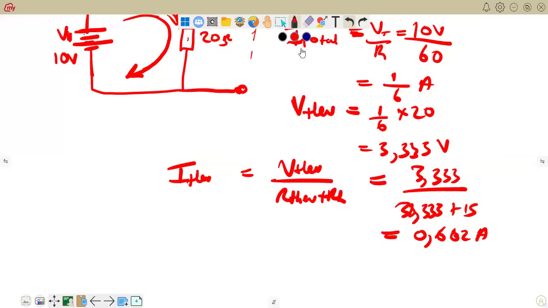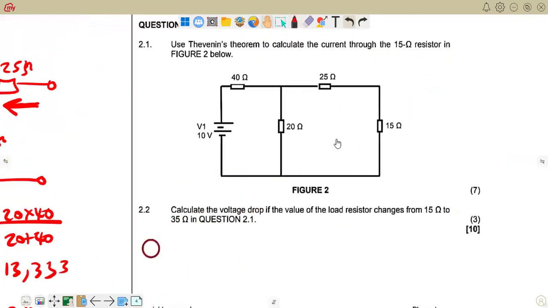So this is now 2.2. It says calculate the voltage drop if the value of the load resistor changes from 15 ohms to 35 ohms in question 2.1.